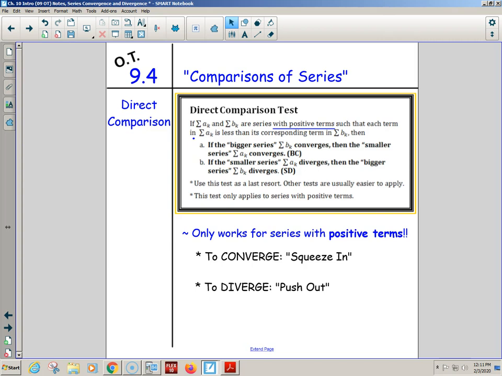What does that say about what conclusion can be made if I know what the bigger does? If the bigger converges, then what can I say? Smaller. Does the bigger converge?